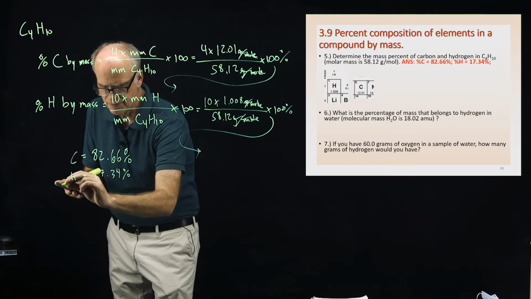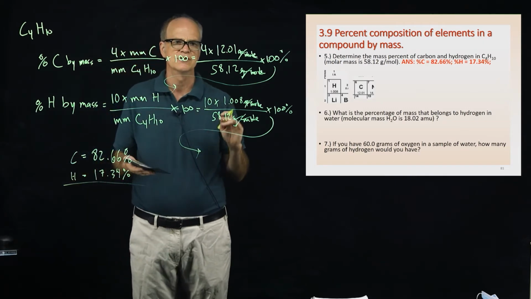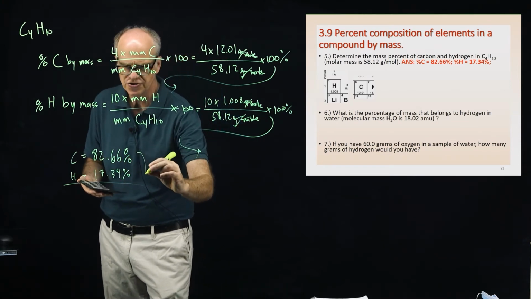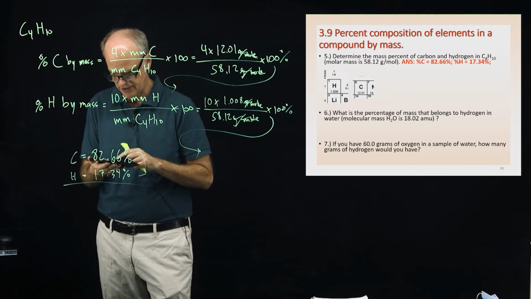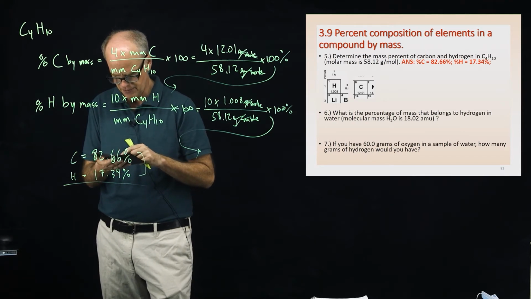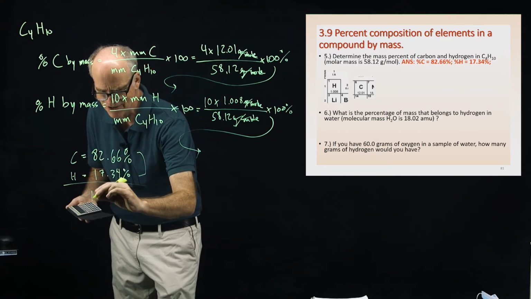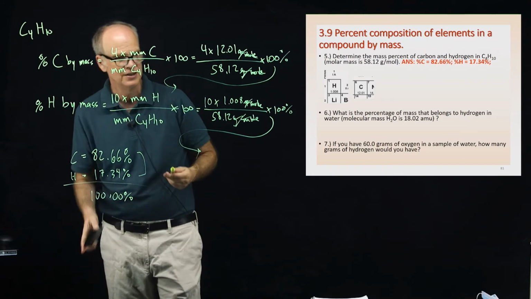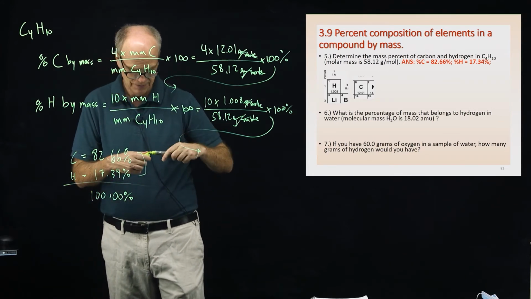Now, in this compound, C4H10, carbon and hydrogen are the only elements, and so in theory, these percentages should add up to 100, so I'm just going to check that by adding the carbon percentage to the hydrogen. Yes, I get 100.00%. So apparently I've done the problem correctly. So let's move on to another one.